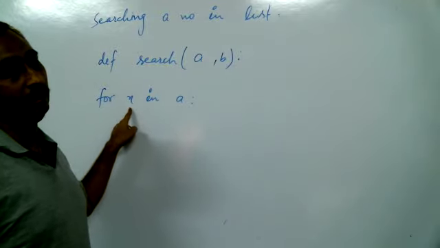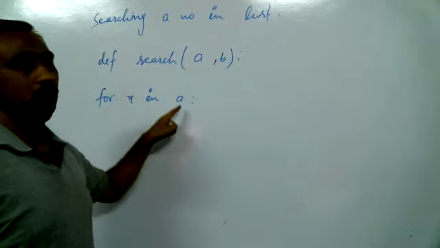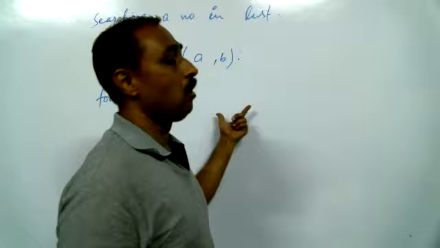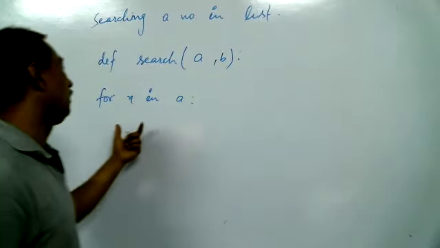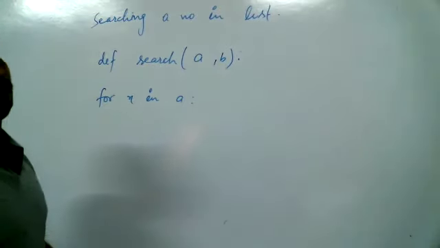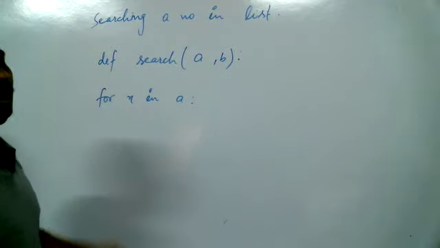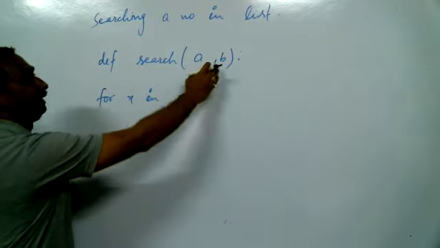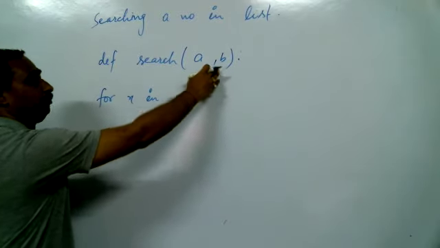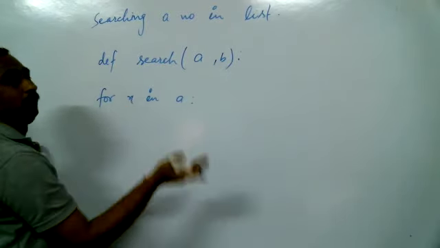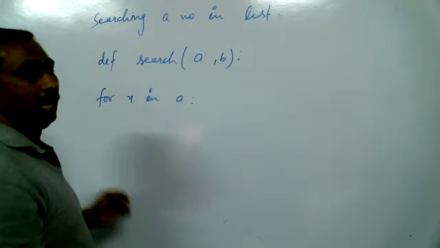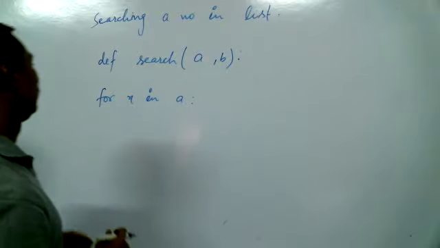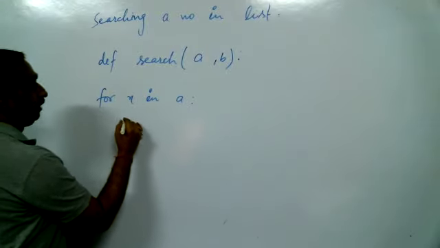X is denoting a member in A, and this will check all the members. This will take all the members one by one in itself, and there we can compare. X will be compared with B. If the value of x and b is the same, we will find that number at that particular position.